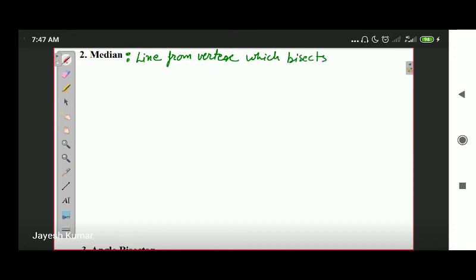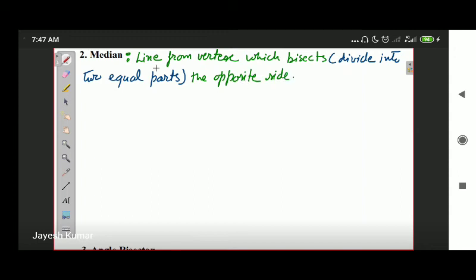Dividing into two equal parts. A median is a line from a vertex which bisects the opposite side. This is what a median is.